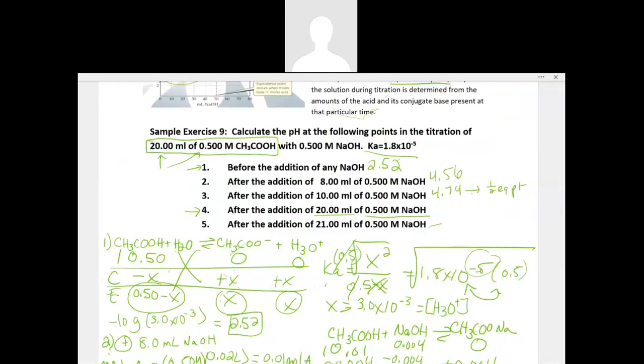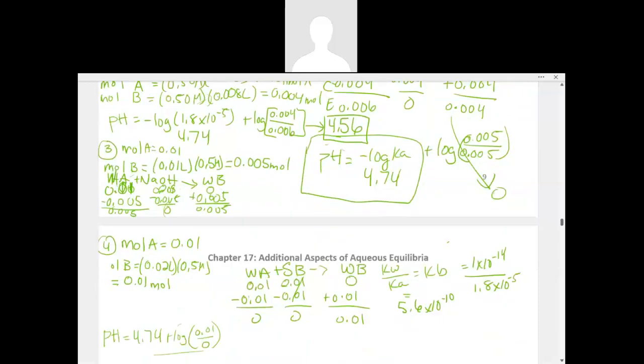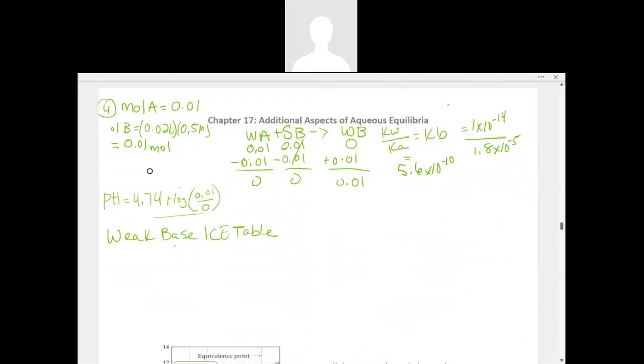Notice that we're adding 20 milliliters of 0.5 molar sodium hydroxide to 20 milliliters of 0.5 molar acetic acid. Hopefully you notice they're the same concentration and the same volume, so we end up with the same amount of moles. We have 0.01 moles of acid, which has remained the same, and now we have 0.01 moles of base also.